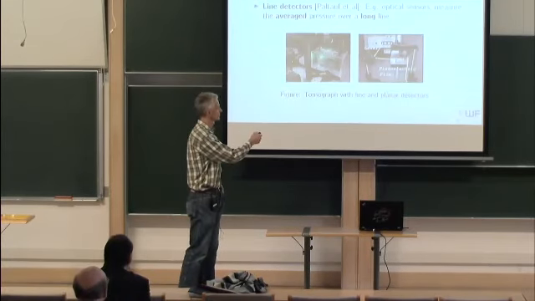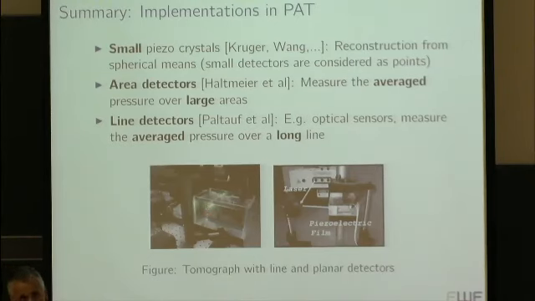The specimen is inside here, so the light goes behind the specimen, so it's outside of the object. So you can measure at some points, at some lines, or at some areas, and use these for reconstruction of the material parameters inside.